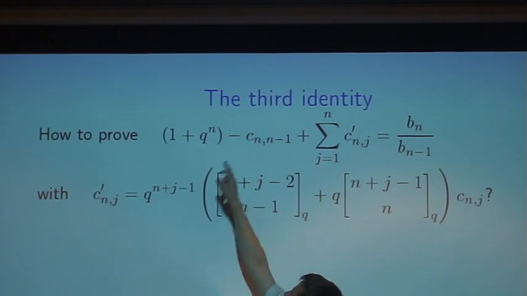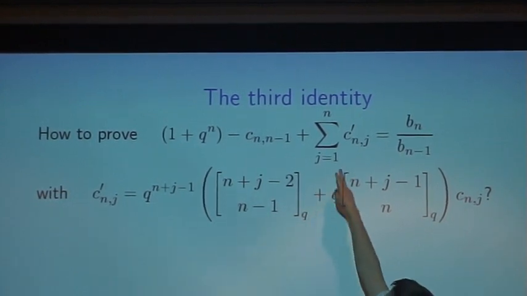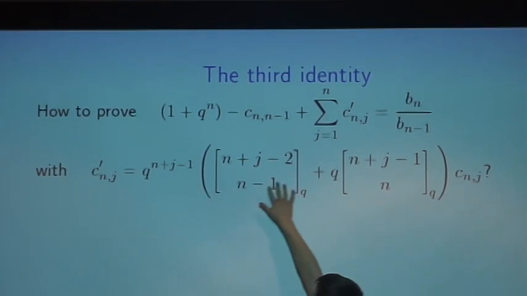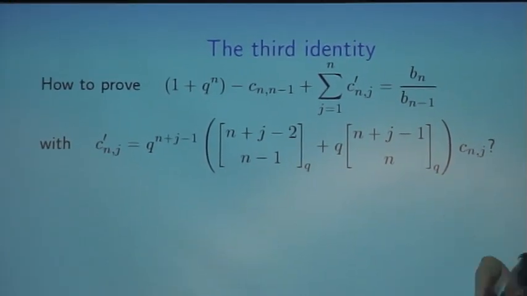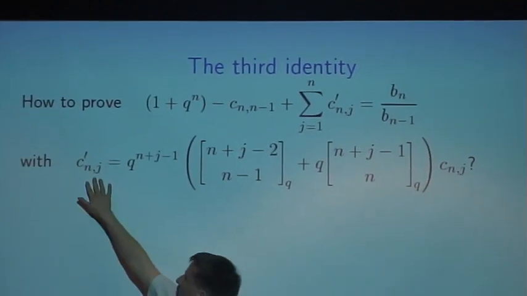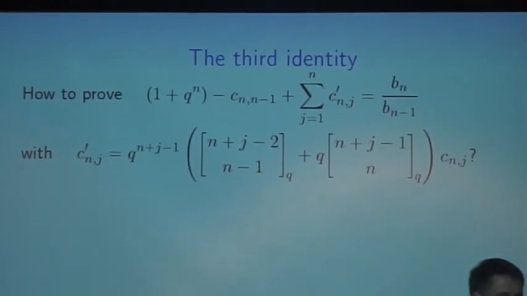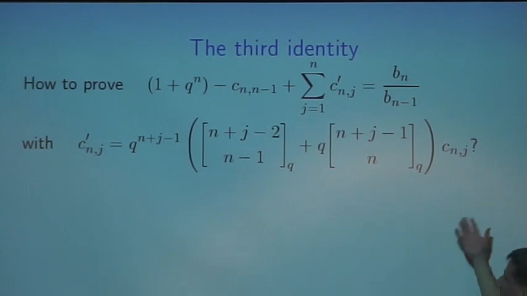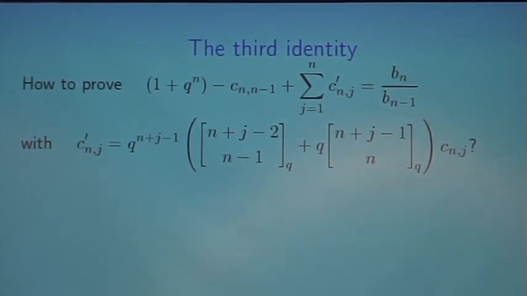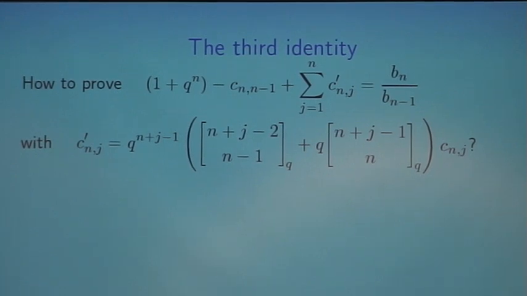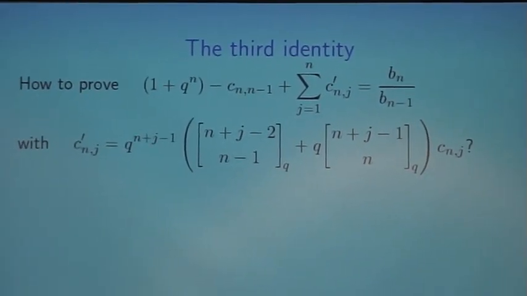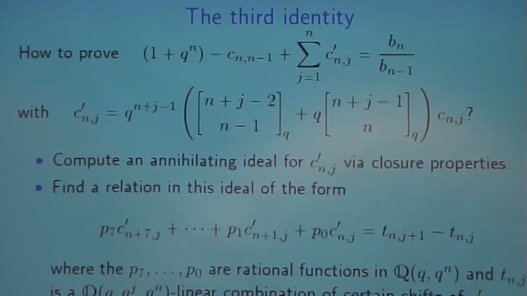These are these 2 at the beginning, and then we are left with a sum where we have here the remaining part of the A times the original C_{n,j}, and I abbreviate and call this expression C'_{n,j}. Doesn't matter so much, just so we have now a problem of the form we want to solve: a sum over some function that is described by a holonomic system, a system of recurrences. Okay, how do we do that?